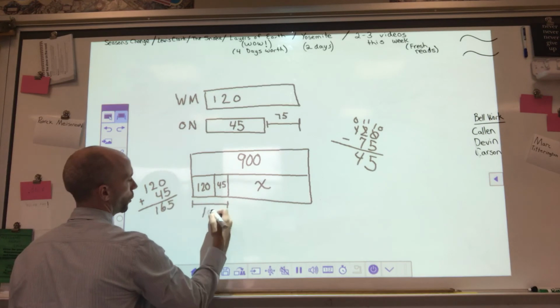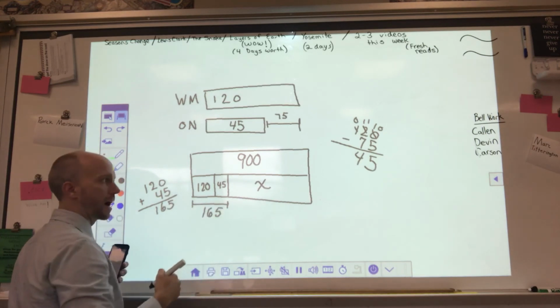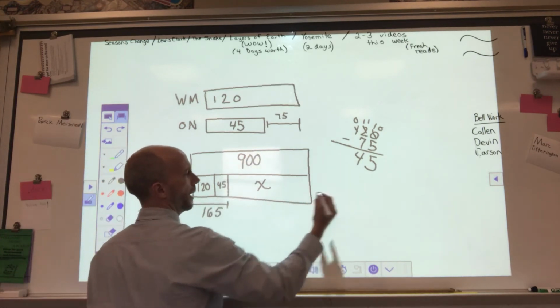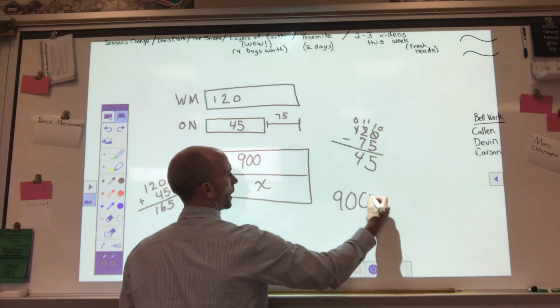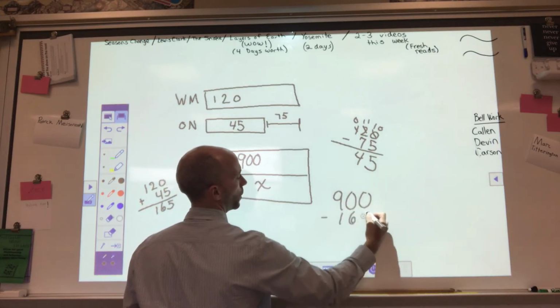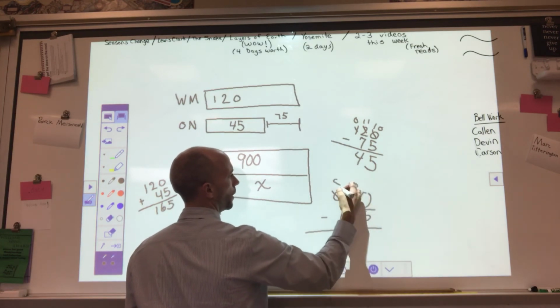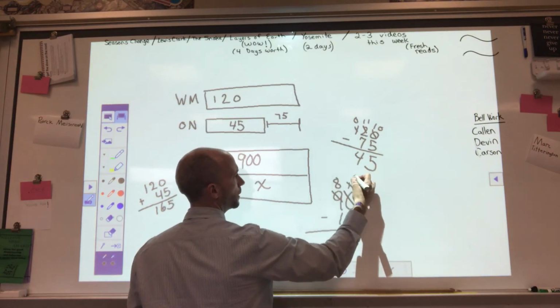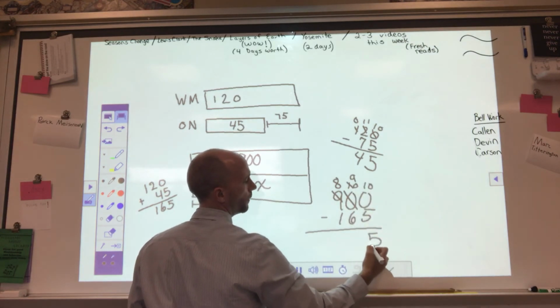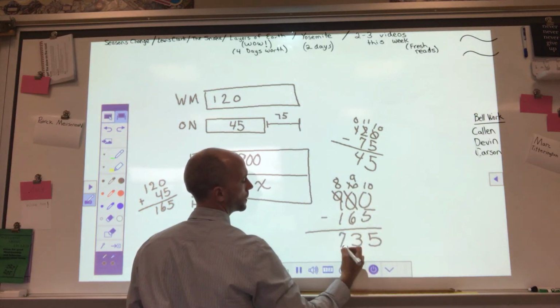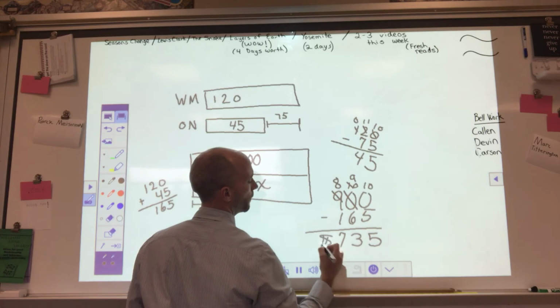So he spent a total of 165 of his dollars so far, and he has 900, and that's our last step. 900 minus 165, give 10, take away 1, give 10, take away 1, 5, 3, 7. Meaning he has $735 left.